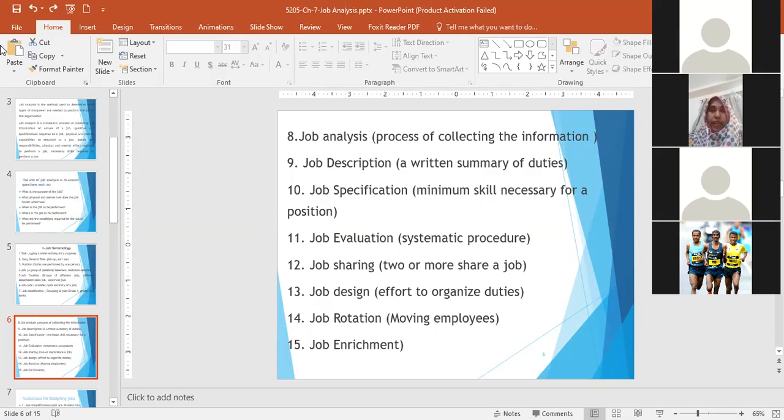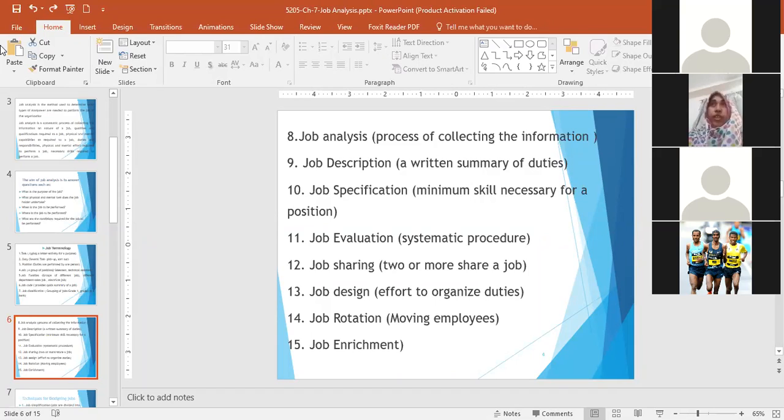And number 10 is job specification. Job specification refers to the minimum skill necessary for a position. An organization always selects, for any specific post, what is the minimum skill needed for that position.